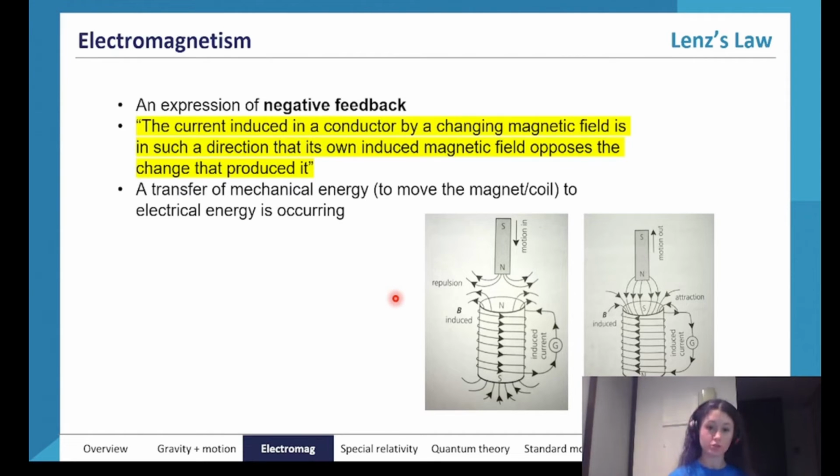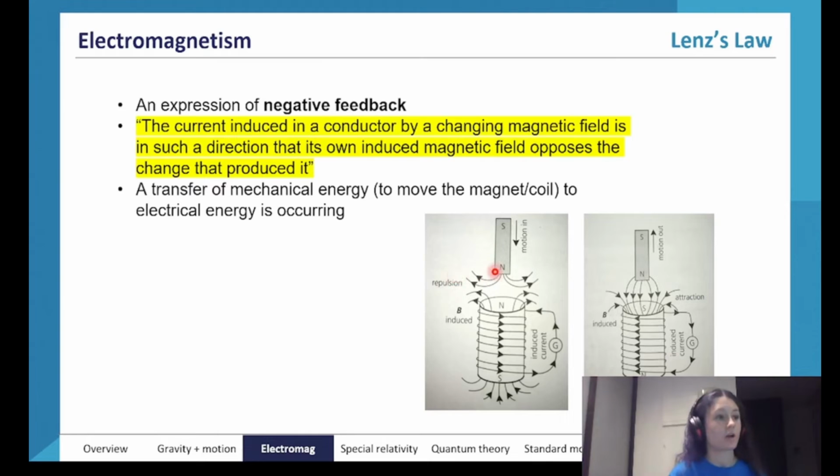So if you're pushing a magnet in and it's being opposed, you have to push in really hard. You're putting all of this energy into pushing the magnet in, and all of that energy that you're putting in, your applied force, is giving the electrons the energy to move around the solenoid. So the reason that Lenz's law occurs is because of the law of conservation of energy, right? You need to put energy into generating that current.